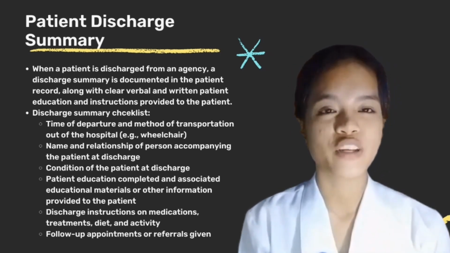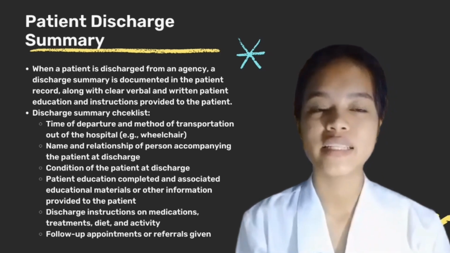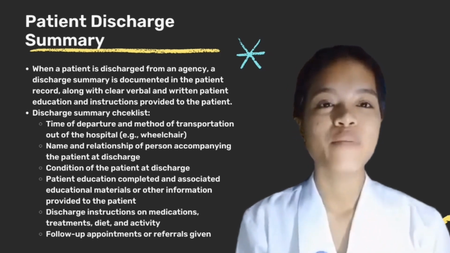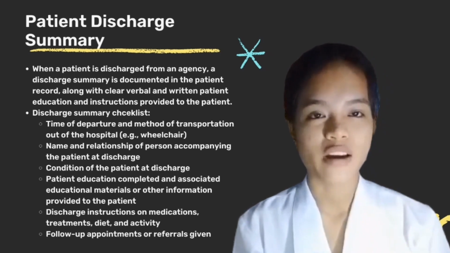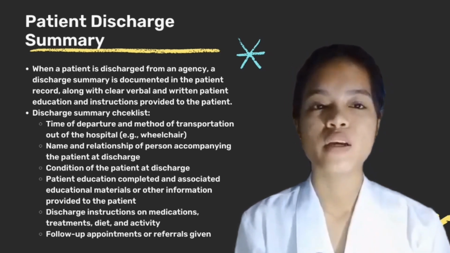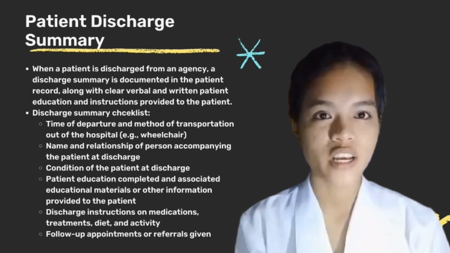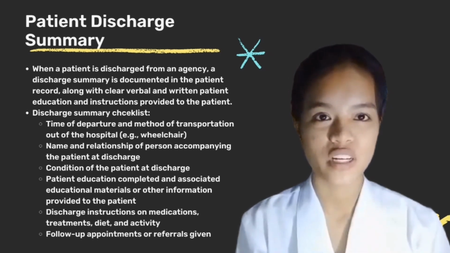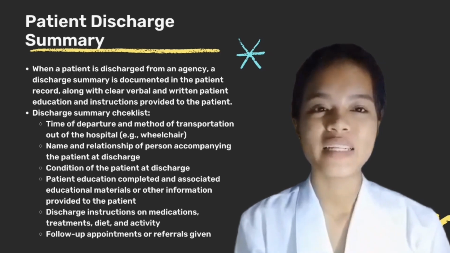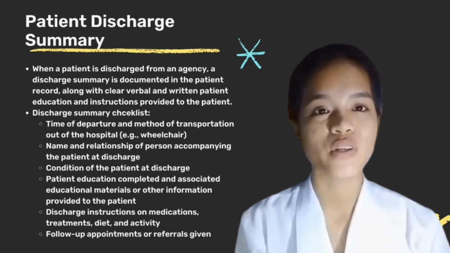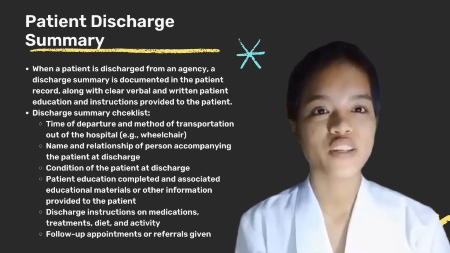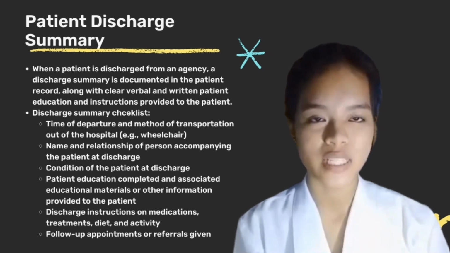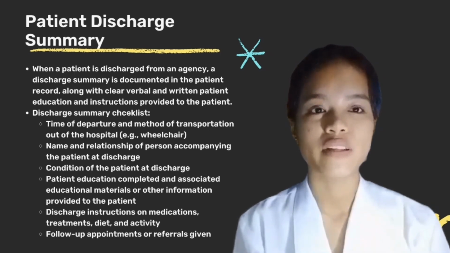Discharge summary information is frequently provided in a checklist format to ensure accuracy, and it includes the following: time of departure and method of transportation out of the hospital, for example, wheelchair, name and relationship of person accompanying the patient at discharge, condition of the patient at discharge, patient education completed and associated educational materials or other information provided to the patient, discharge instructions on medications, treatments, diet, and activity, follow-up appointments or referrals given.